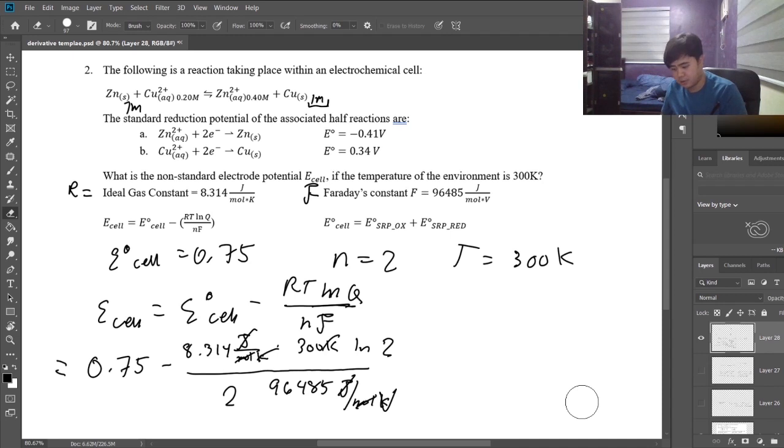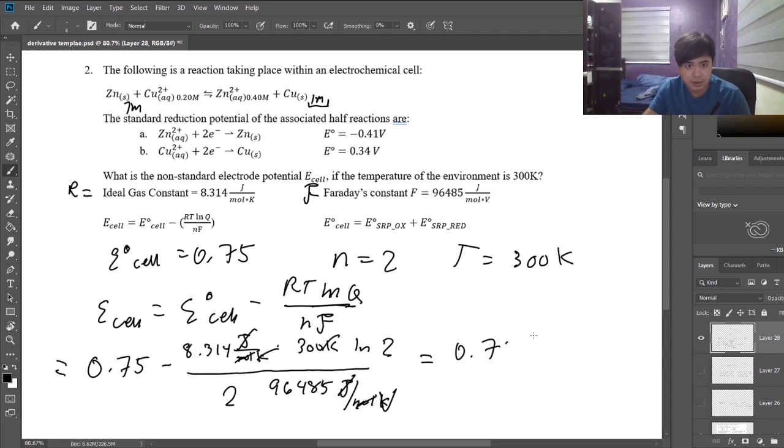8.314, hold on, 0.75 minus 8.314 times 300 times ln 2 divided by 2 multiplied by 96,485, and parentheses, we get around 0.70.